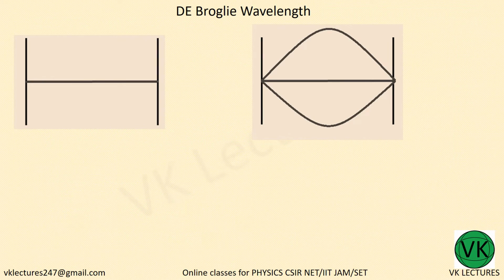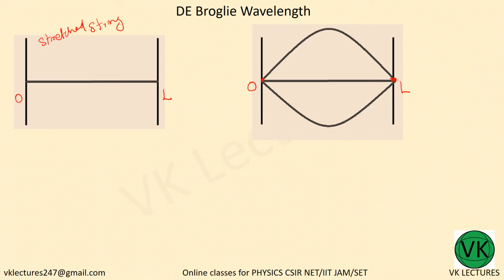Here we have a stretched string, and we are producing a wave in this stretched string by allowing it to vibrate. The length is from 0 to L, and once we start vibrating it, it will form a wave. From 0 to L, the wave is half of a wave.